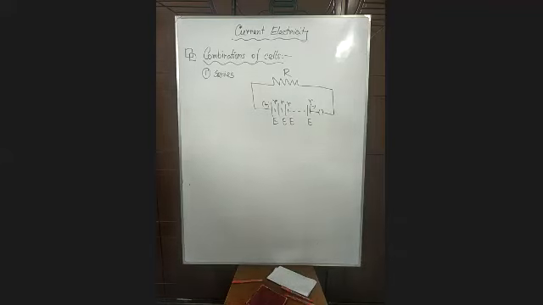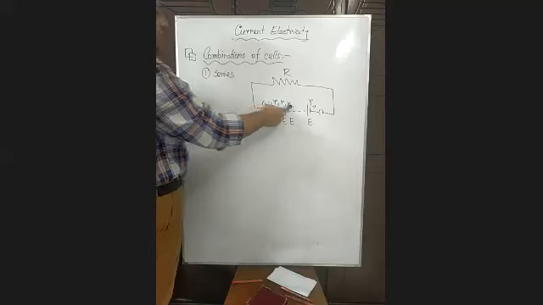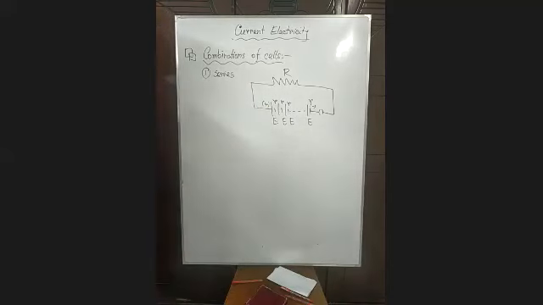So here each cell contains the electromotive force of E, and each cell contains the internal resistance of small r. Okay, so how can we describe it?